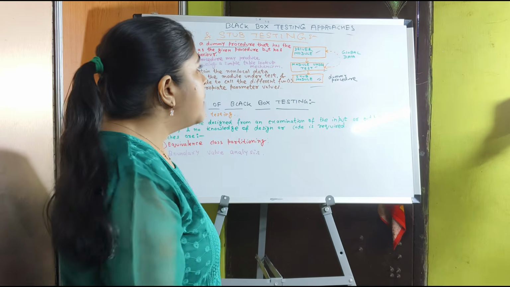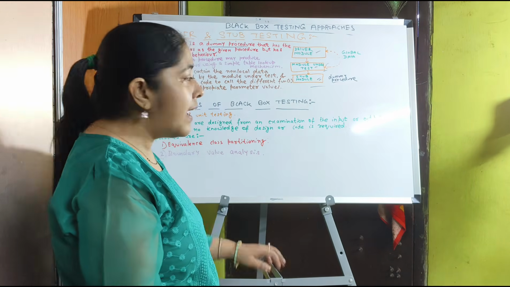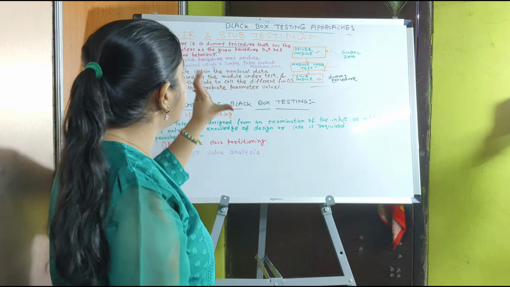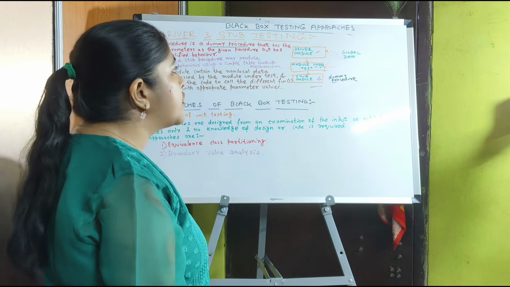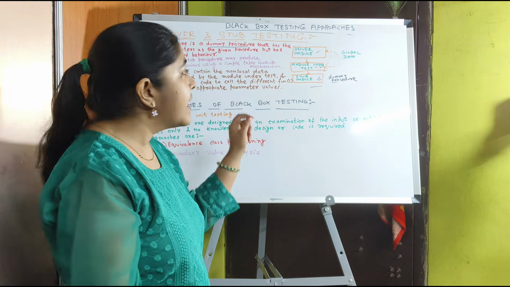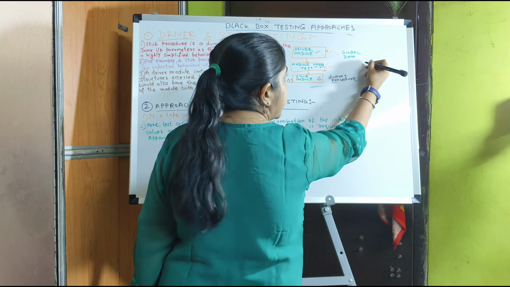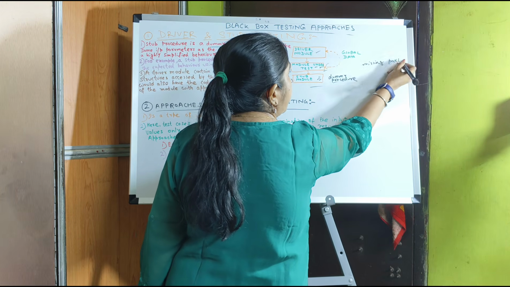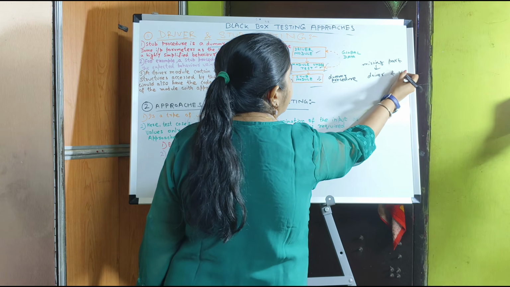So basically the stub module is a dummy procedure that has the same input parameters as the given procedure, that is, the module under test. Whichever procedure is missing, that missing part is being fulfilled by this driver and stub.